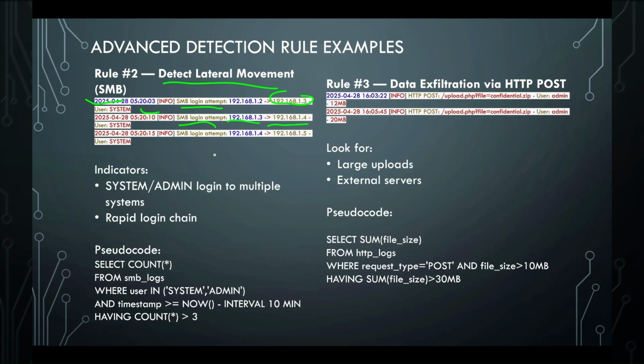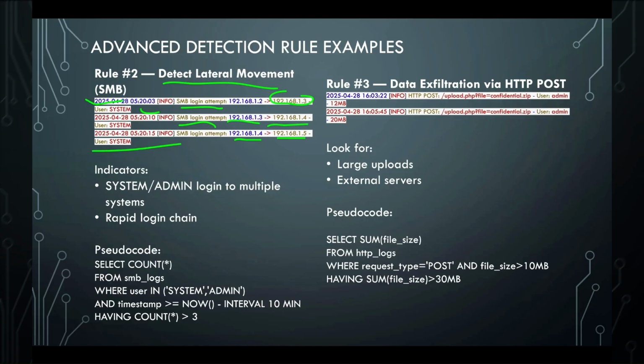and again from 192.168.1.4 to 5. So you can see a pattern here. First the user logged in on 1.2, then 1.3, then from 1.3 to 1.4, and then 1.4 to 1.5, right?